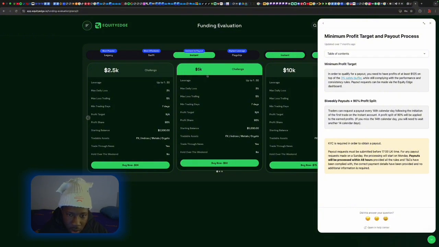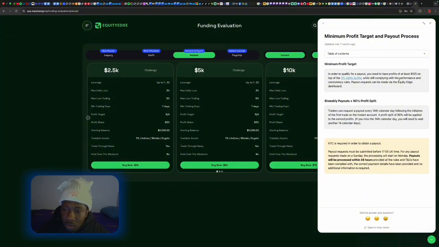Let's say I have a 5k account, the 3% buffer is like 150. I need to trade 150, and then they are going to keep it as a safety buffer, and the other money which I make on top of that buffer is my profits.